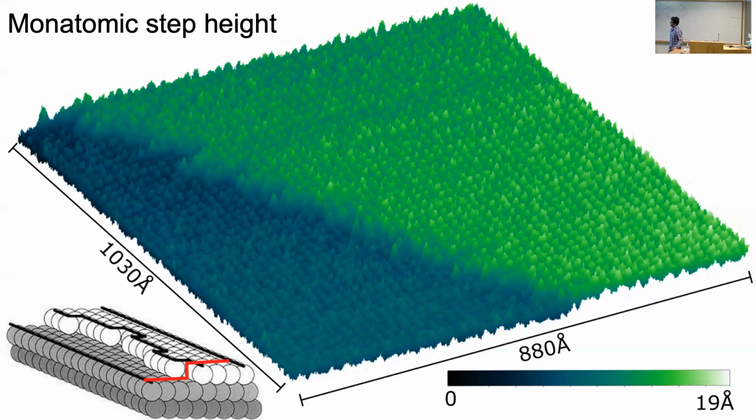The light green layer is elevated up, the dark green layer is elevated down, and the step height is along that red line. I also want to point out that each of these little dots that you see are individual carbon atoms. Now let's draw a topographic line along this red line.